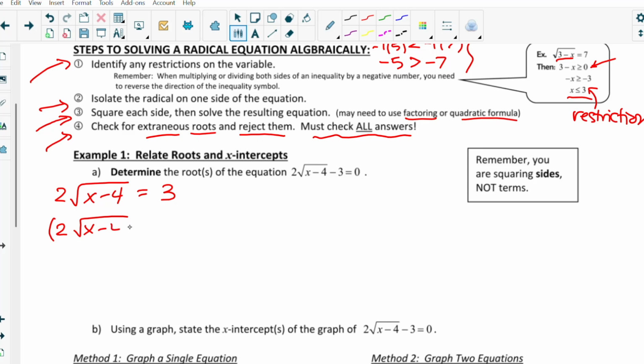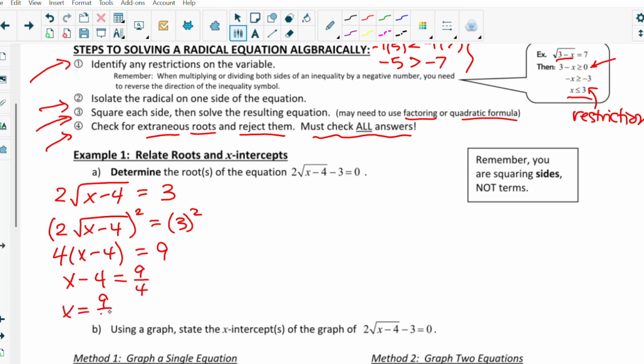So this is what it looks like. 2 times the square root of x minus 4, squared, equals 3 squared. So I have 4 times x minus 4 equals 9. Divide both sides by 4. I have x minus 4 equals 9/4. I have x equals 9/4 plus 4.